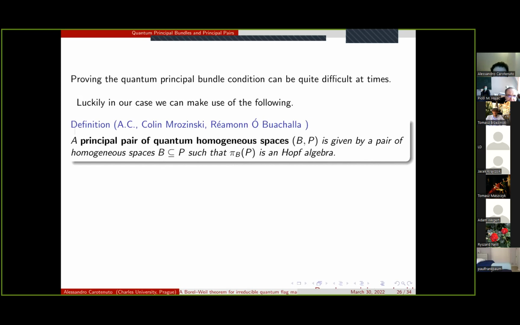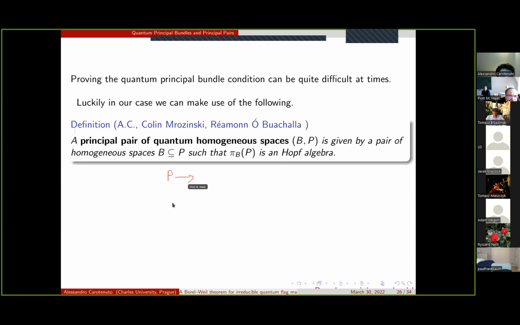Wait, so you have some Hopf algebra denoted by A. Yes, that I didn't write. I will correct this also. And A coacts on P, right? How is it?